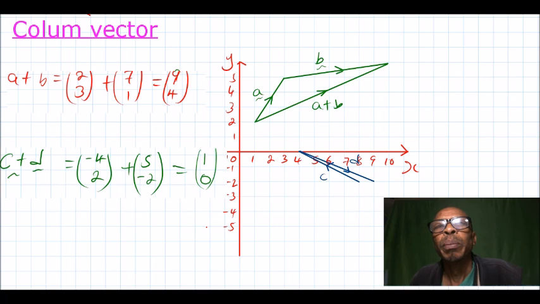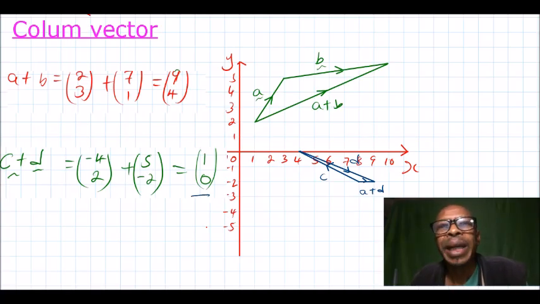So meaning that this vector A plus D is that vector. So that is what will give us A plus D. And A plus D we have said it is (1, 0).